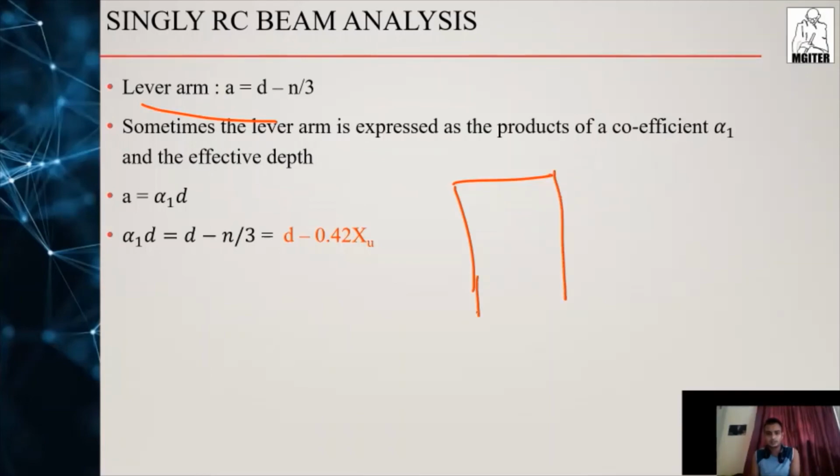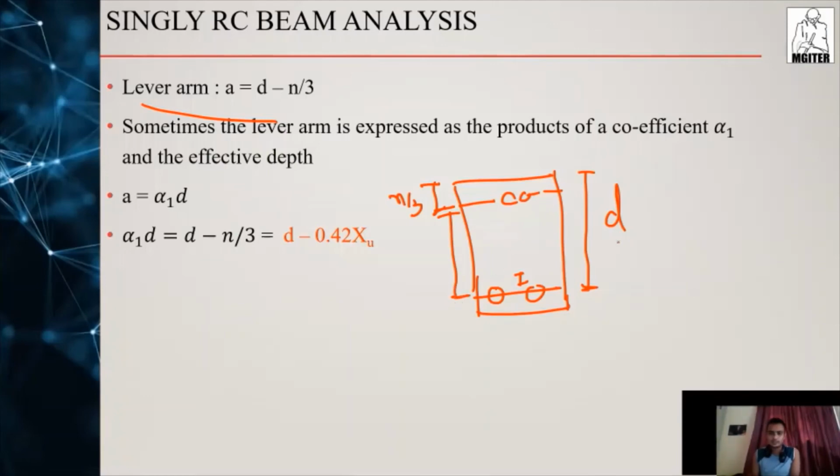Here is a graph of the cross section of the beam. These are the reinforcement bars. We keep the effective depth d. At n by 3 we find the compression force. So here is the compression. Here is the tension. So between these two, the distance we find is the lever arm.